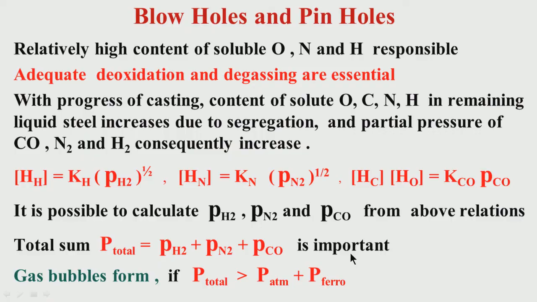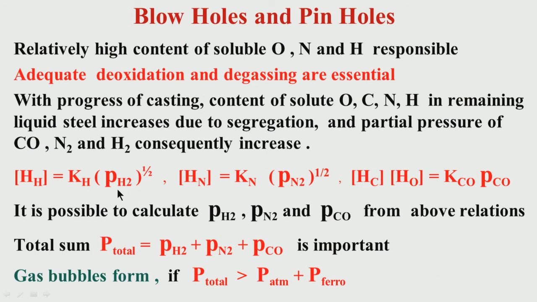The only thing is that ferrostatic pressure increases towards the end of continuous casting solidification. So, we have to remember this relation. The total pressure of these three partial pressures, hydrogen, nitrogen, and CO, has to be less than atmospheric pressure and ferrostatic pressure. In that case, there will be no blowholes and pinholes.